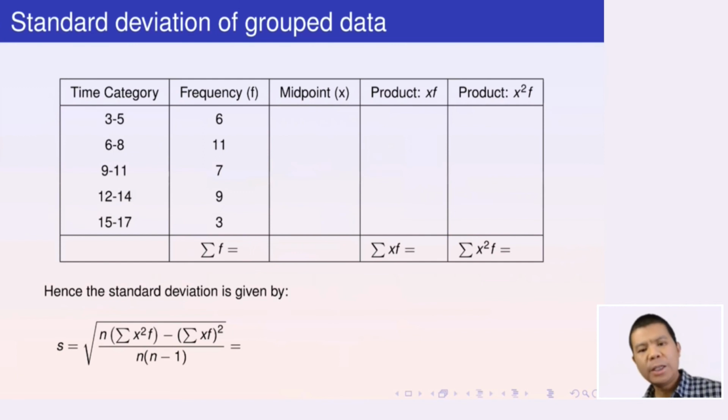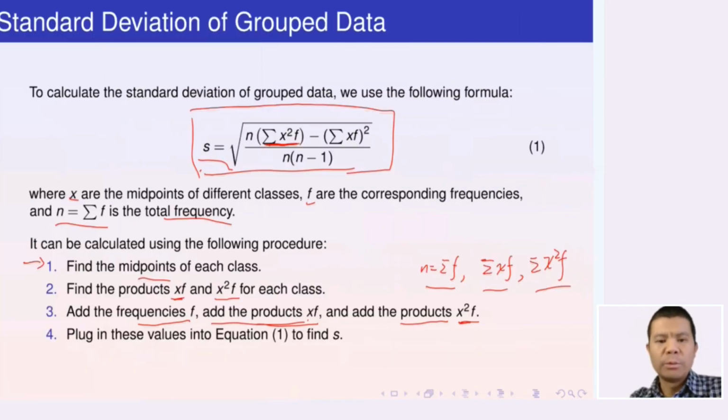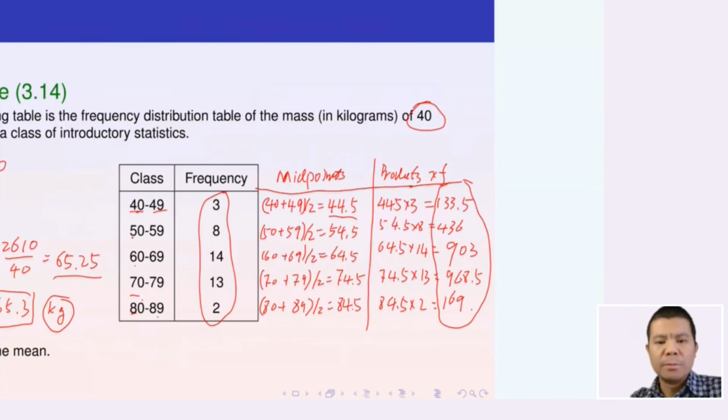Here we have this table. We want to add a column for midpoints, the products xf, and finally another column for the product x squared f. I believe we already have the midpoints and products in one of the previous examples when we calculated the mean.